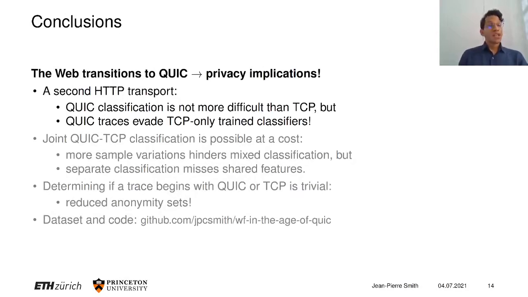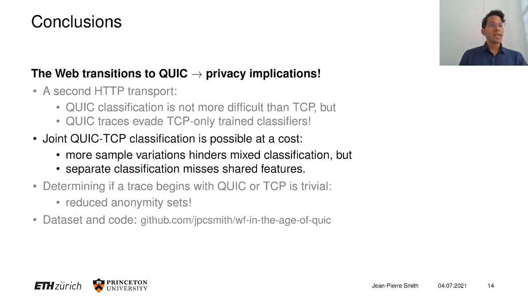Despite QUIC classification not being inherently more difficult than TCP, if the adversary does not consider QUIC in his training procedure, QUIC traces will evade classifiers that are trained on only TCP. However, joint classification is possible of both QUIC and TCP samples. However, at a cost, the adversary will either need to increase the number of samples or train for longer.